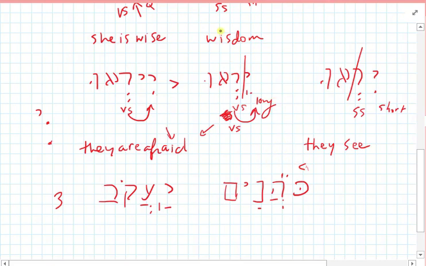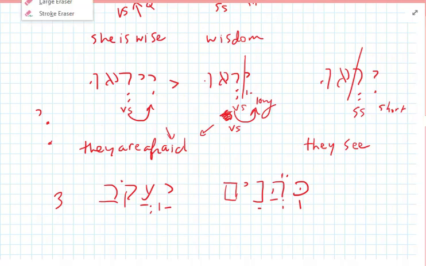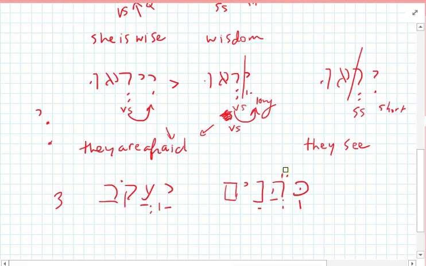And this is true with metheg as well, okay? The metheg is going to go under the consonant whose vowel is supposed to take the metheg. So we will not see methegs hanging out above the line over here with a holum, okay? So don't look for it there. So that is a metheg you're looking at there, okay?